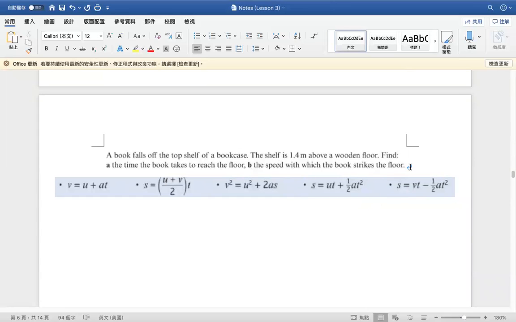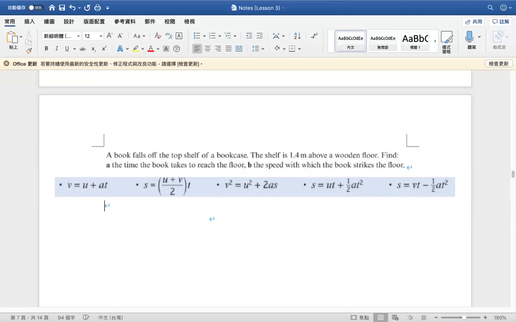For example, we have a book which falls off from the top shelf of a bookcase. That means it is falling under gravity, right? The shelf is 1.4 meters above the wooden floor, and the question asks us to find the time the book takes to reach the floor, and the speed with which the book strikes the floor.